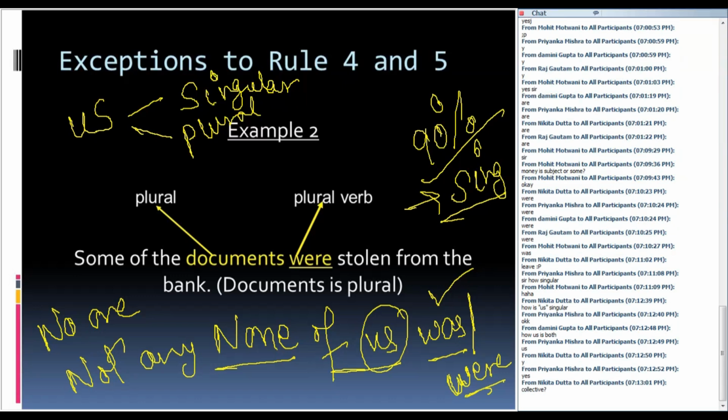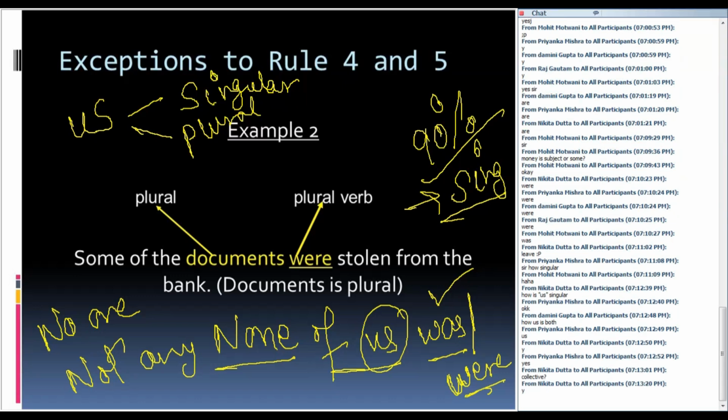But Nikita, actually collectives can also be plural. So it can work both ways, singular and plural both. And the word none also can be both singular and plural.